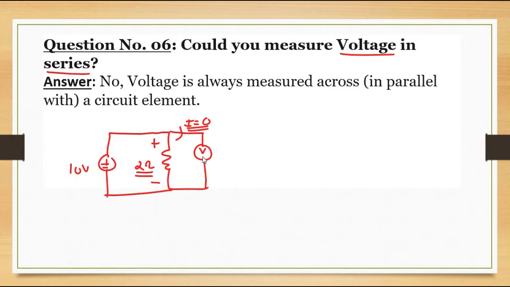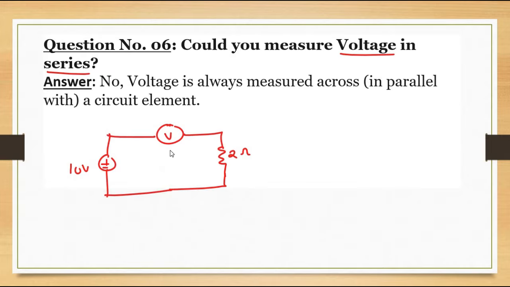Now if you connect the voltmeter in series, since it has a very large impedance or resistance, this will definitely give you circuit errors, because along with this 2 ohm resistance, one more resistance will get added, which is nothing but the resistance of this voltmeter.